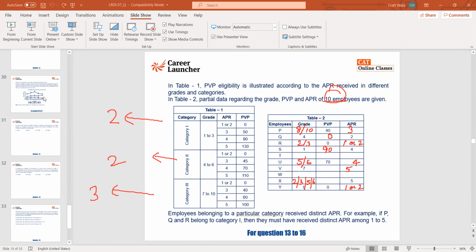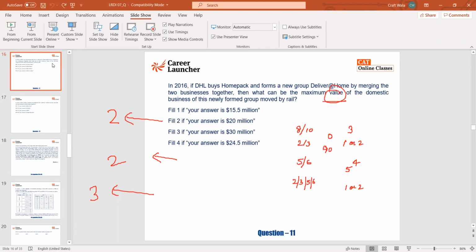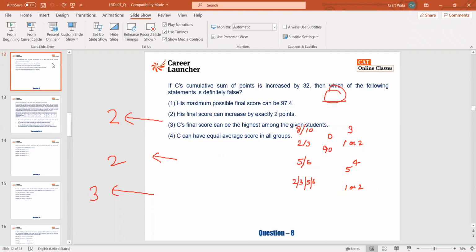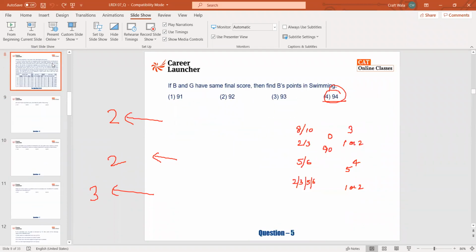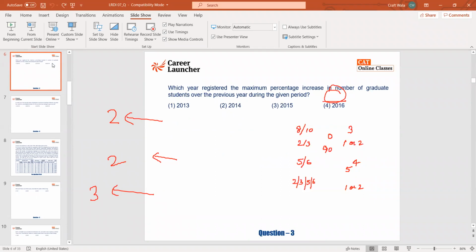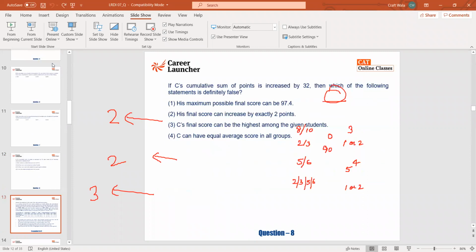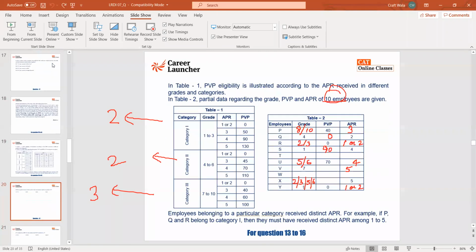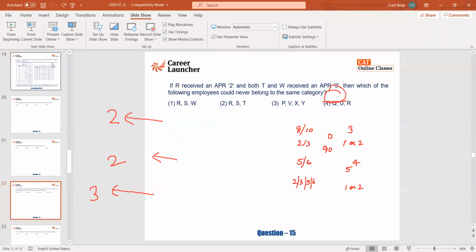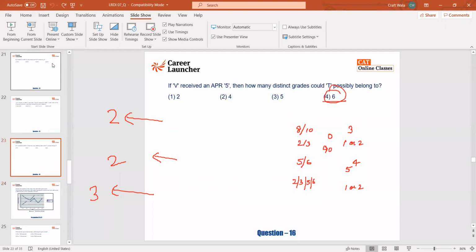Okay, let's look at the last question once again. So the last question here says, if V receives an APR 5, how many distinct grades can T belong to?